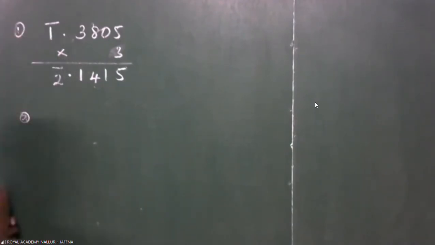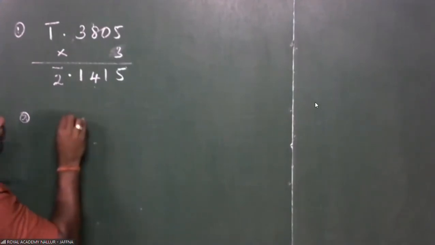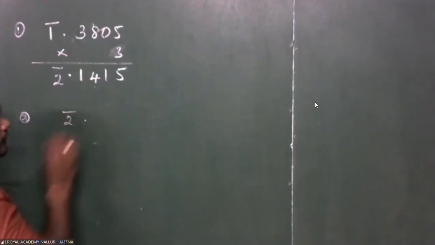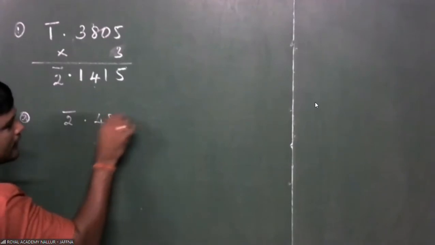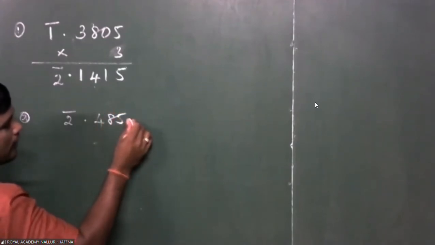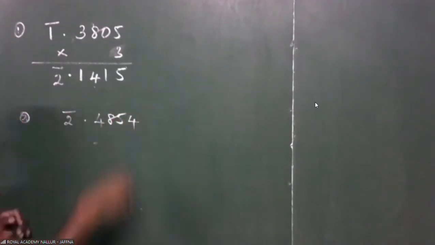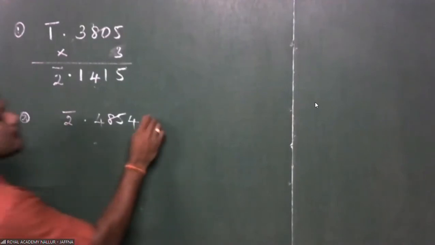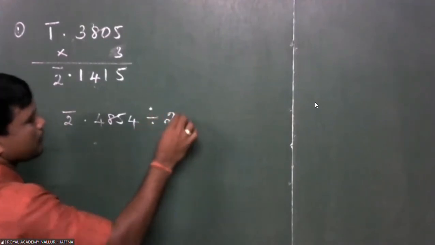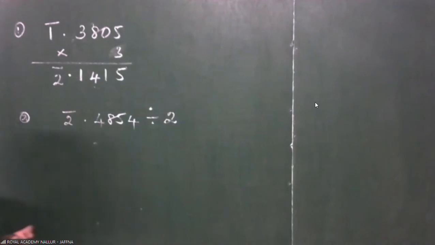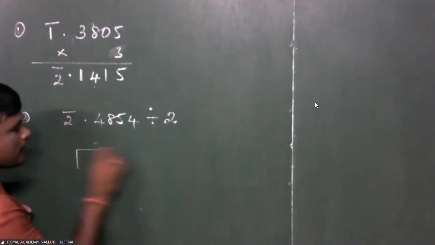Next one, division. Let's say bar 2.4854. If this value is divided by a simple number, 2, first we'll do the easy division.